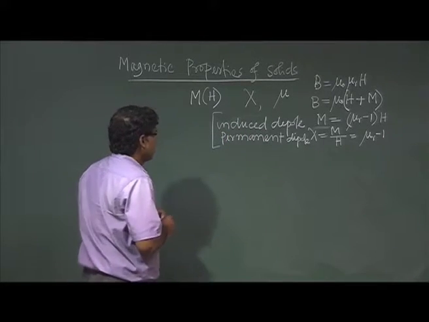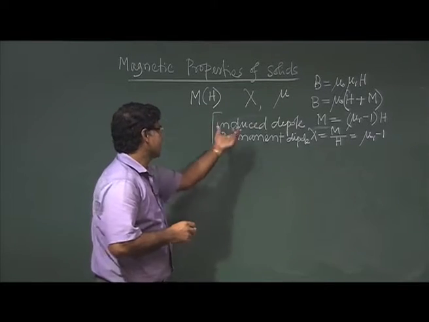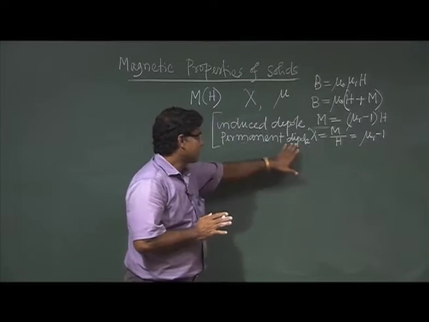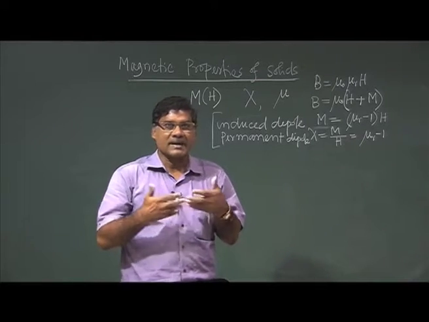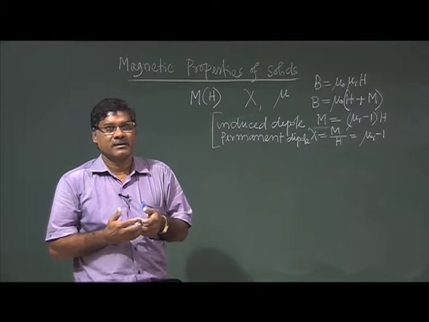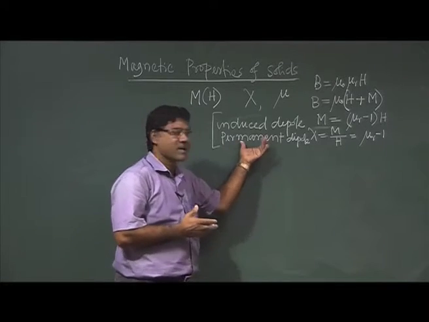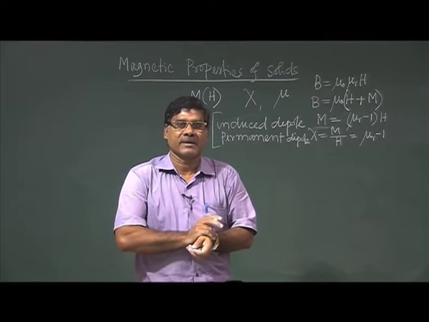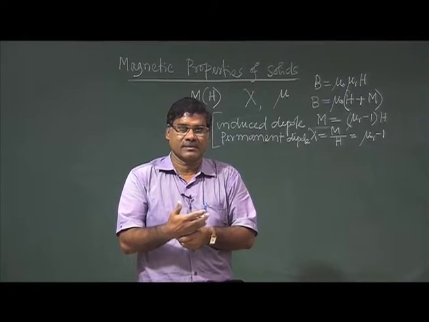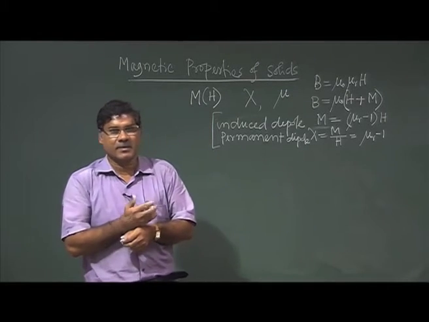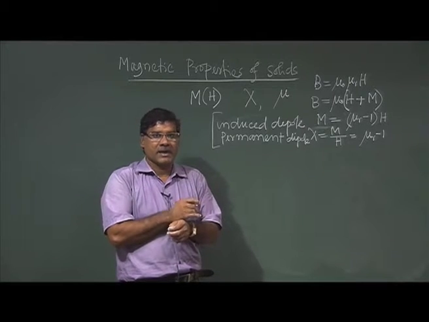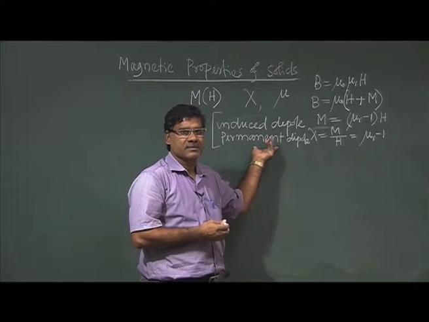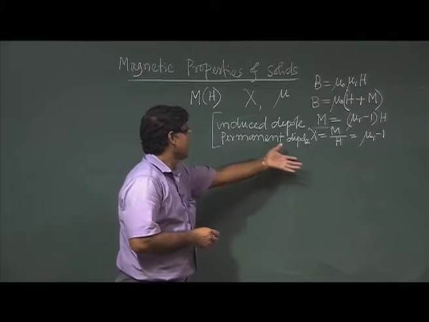Okay. Now, when we apply a magnetic field, in this case the induced dipole moment will occur, that is fine, but for the other case the magnetic property is decided by how the permanent dipole moments are oriented towards the magnetic field. Okay. So, depending on the tendency of orientation of the permanent dipole moment towards the magnetic field, that will decide the magnetic behavior of that material, whether it is a paramagnetic kind of material or a ferromagnetic kind of material.